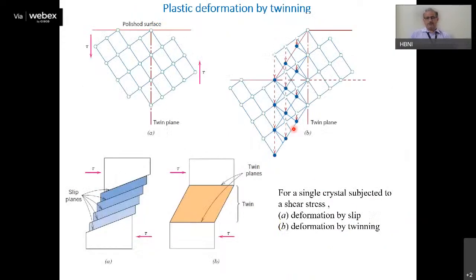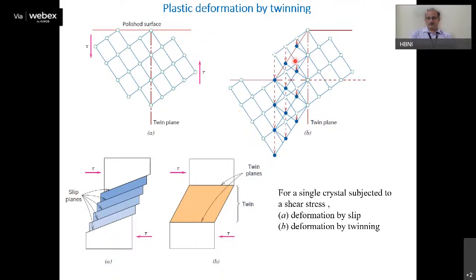The other mechanism of plastic deformation is twinning. For example, you consider this lattice system and you apply some shear stress. In this case, instead of slip, there can be a region, basically a band, in which the atomic movement happens in such a way that a twin plane arises.